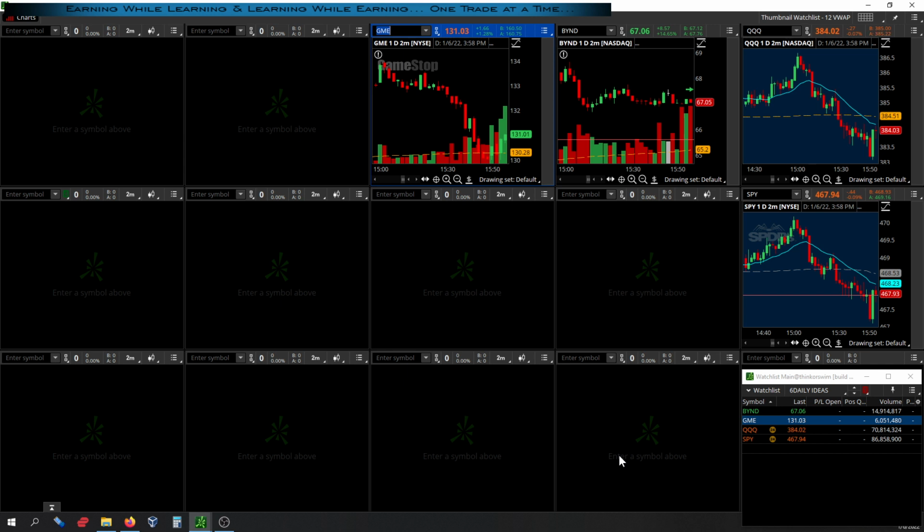So if the previous day's candle was a nice wide green candle, I'm looking for it to gap down below that candle, basically trapping a bunch of long buyers, so that when they see that stock opening lower in the morning, they're going to be selling.